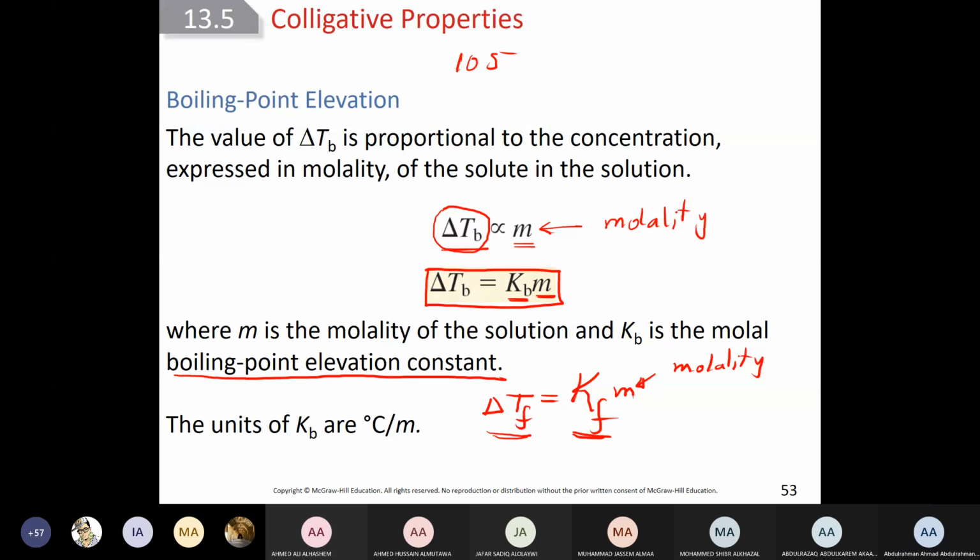The freezing point depression constant. I want you to memorize these two laws together. Is this clear? These are different, the KF and KB are different. Is this clear? Good.